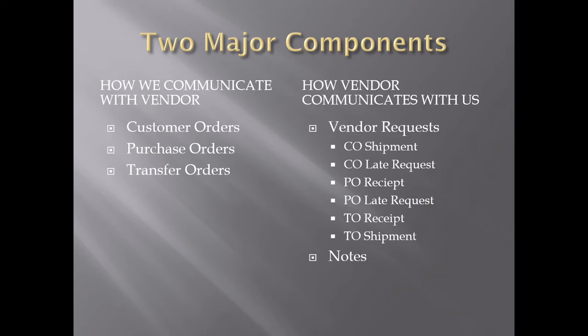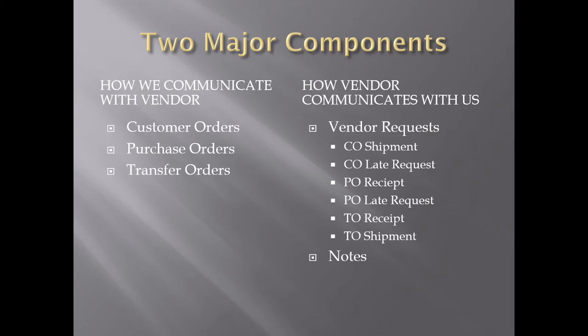So a customer order in the scope of this vendor portal is really about shipping product to our customers. In our current model, these outside suppliers actually ship product directly to our customers.